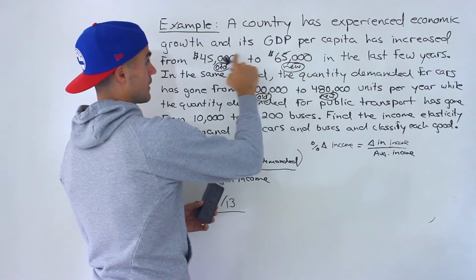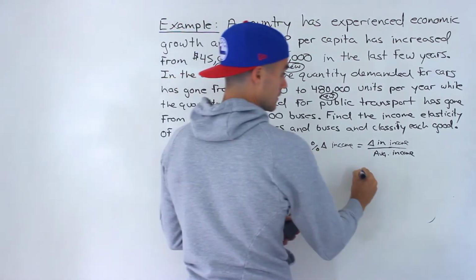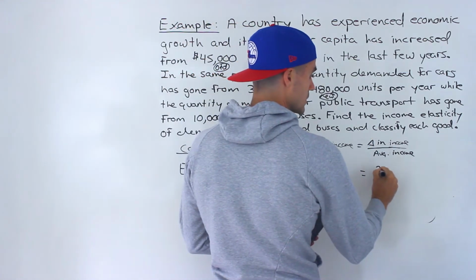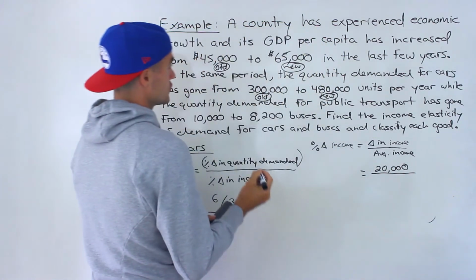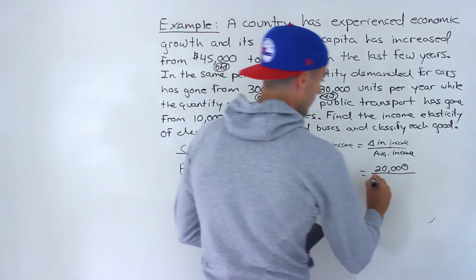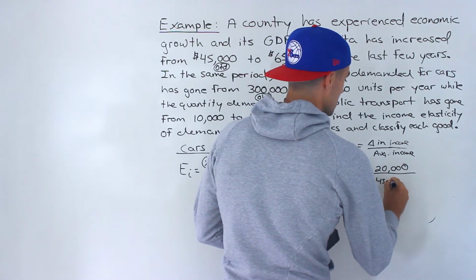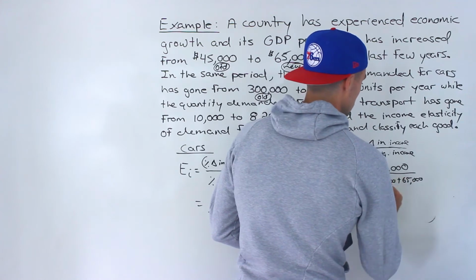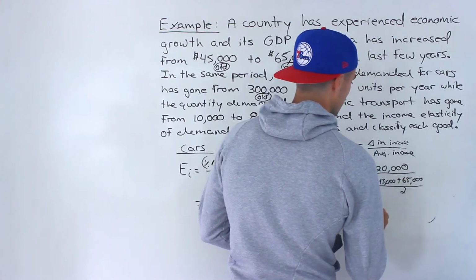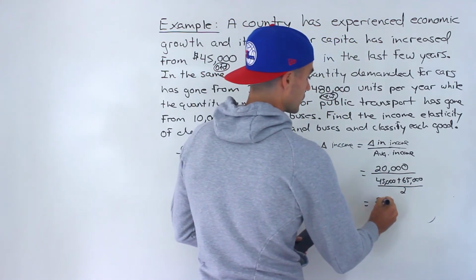So we'll have 65,000 minus 45,000 in this numerator, which would be 20,000. And then we'll have the average income, which would be both of them added. So we'll have 45,000 plus 65,000 divided by 2.